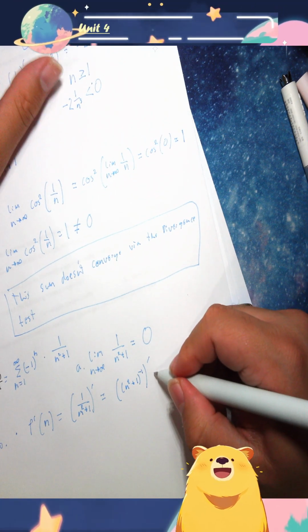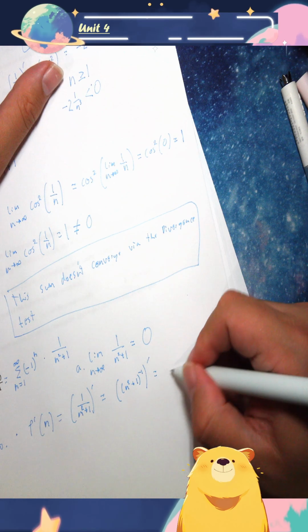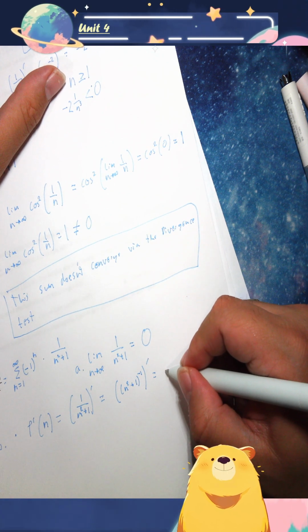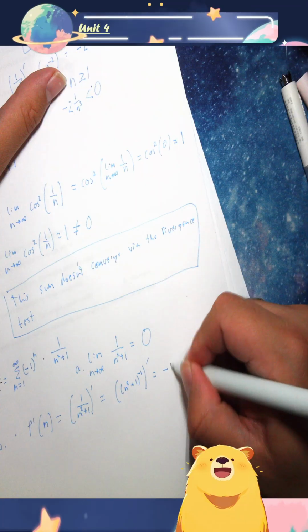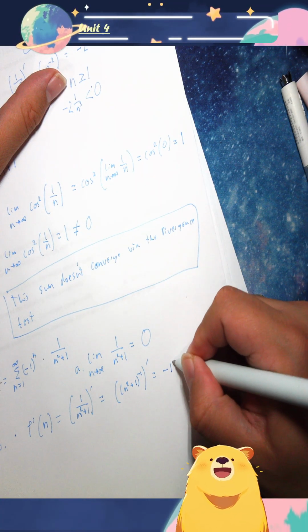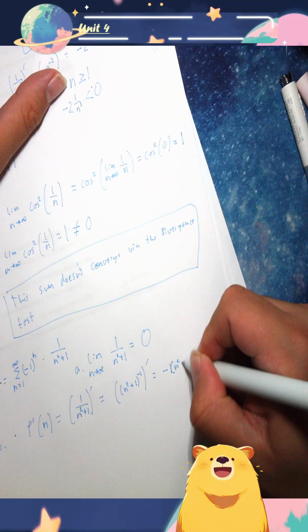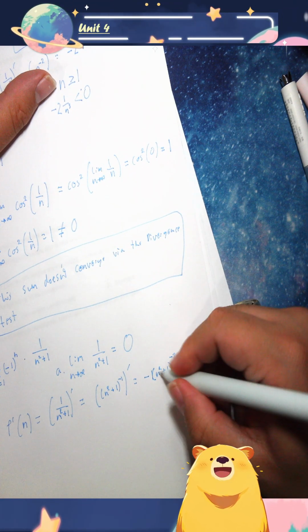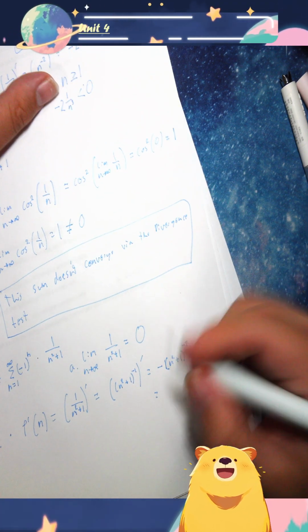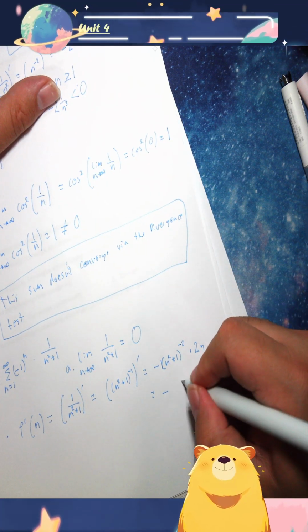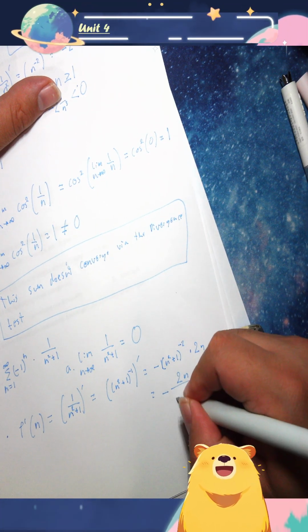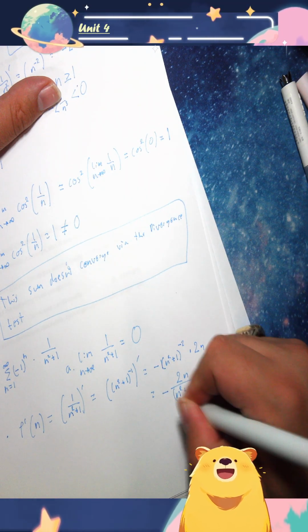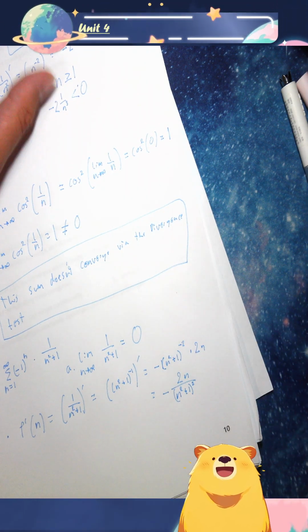So that's going to be negative of n squared plus 1 to the power -2, and then times the derivative of the inside, 2n. So that could be rewritten as -2n over n squared plus 1, all of which is squared.